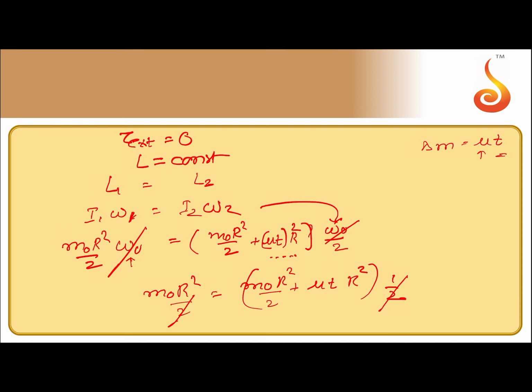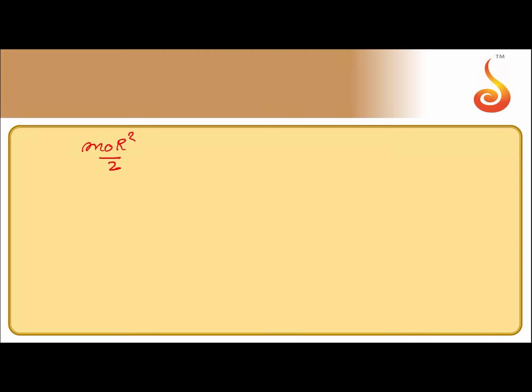We have m naught r square divided by 2 is equal to, what is it going to be? Is it going to be mu t into r square? So t is equal to m naught divided by 2 mu. So these two cancel. So t is equal to m naught divided by 2 mu. So the time after which its angular velocity becomes half is given by this expression, m naught divided by 2 mu. D is our correct choice.